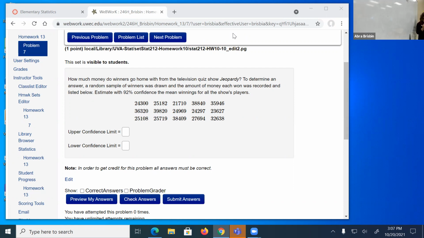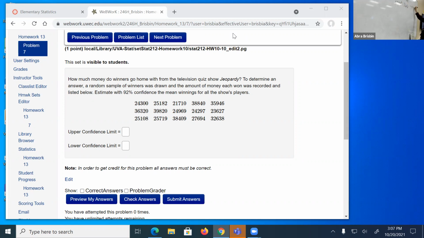One way, the way that I think is easier in this case, is to use input equals data. So when you do this, your calculator is going to grab the data from list L1.